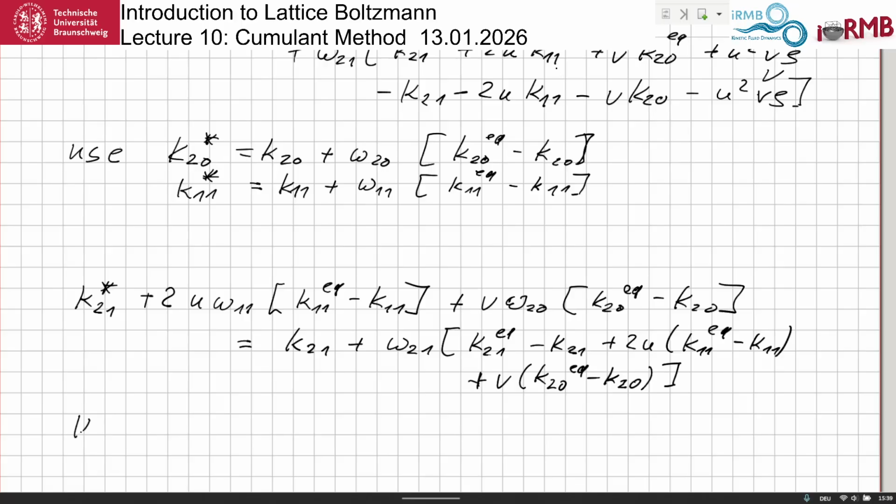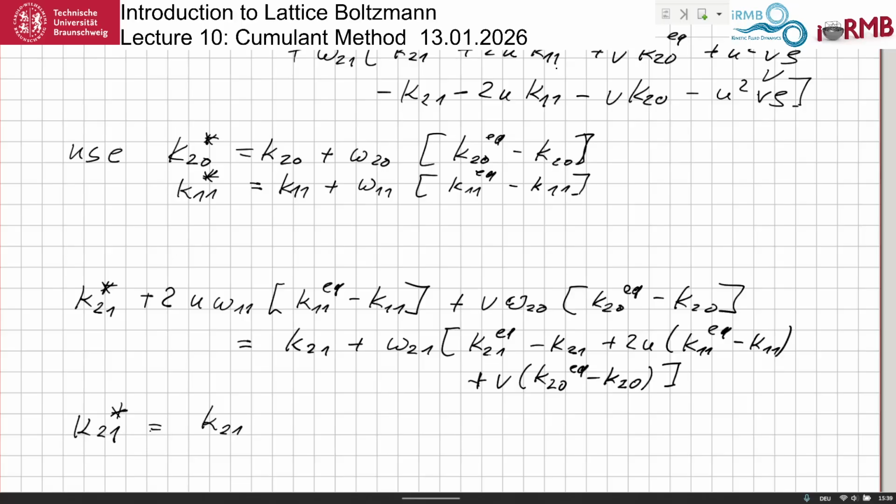Now I'll rearrange it slightly again, putting everything on the right hand side. K21 after collision will be, sorry, why do I say K20? K21. Sorry for that. It's amazing that I don't always write it correctly.